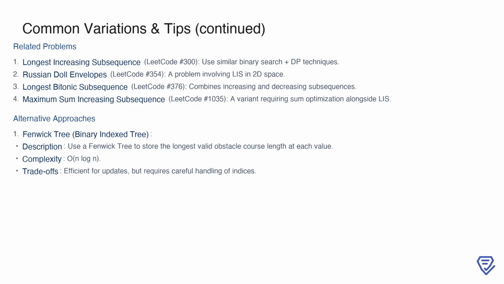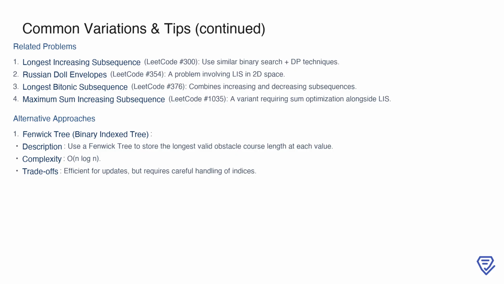The longest bitonic subsequence problem, LeetCode number 376, introduces the challenge of combining increasing and decreasing sequences. Finally, the maximum sum increasing subsequence, LeetCode number 1035, adds a layer of complexity by requiring optimization of the sum alongside the sequence itself.